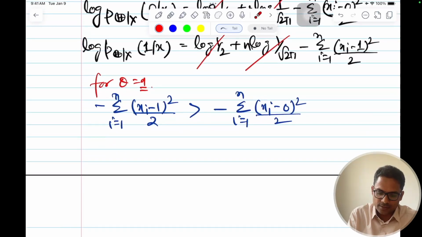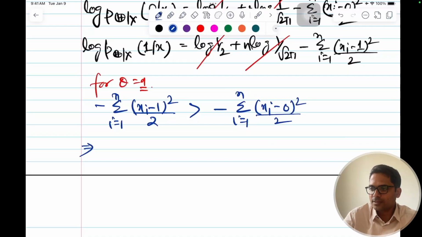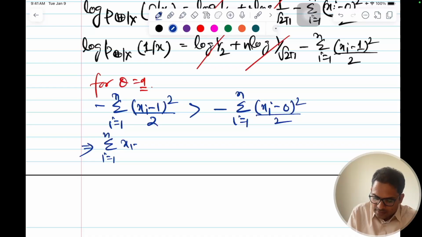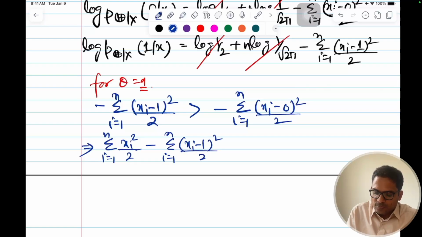Okay, let's continue. So what will be the case? I'll bring this term also here. This will become sigma i equal to 1 to n, xi square by 2, minus sigma i equal to 1 to n, xi minus 1 whole square by 2, is greater than 0.